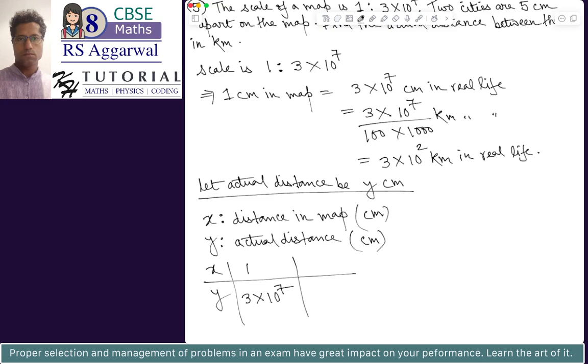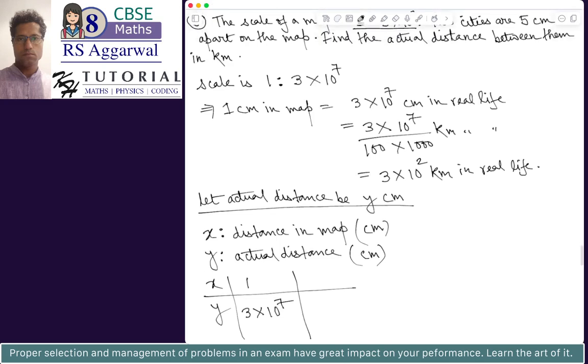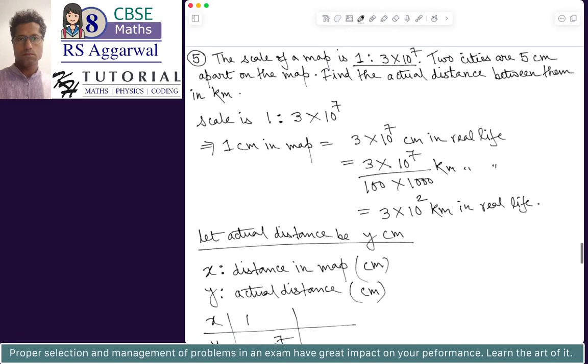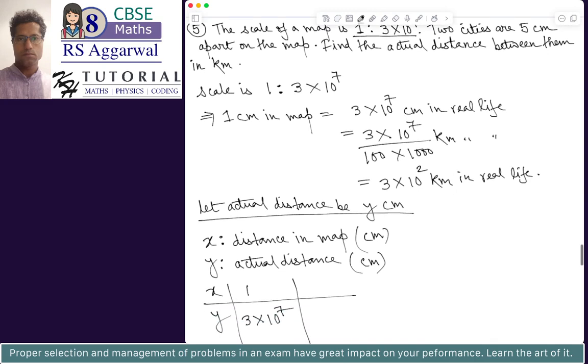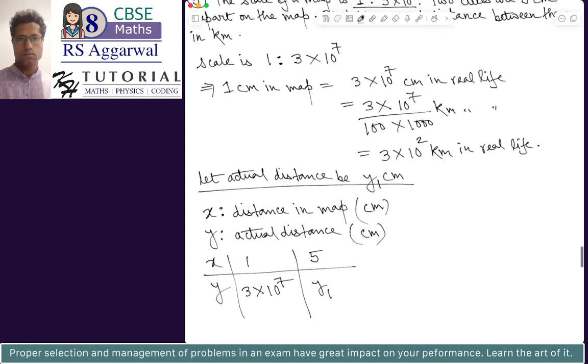Now for the second data, since x is the distance in map, the second data will be 5, and let the actual distance be y1. It is asking to find the actual distance of two cities whose distance in the map is 5 centimeter.